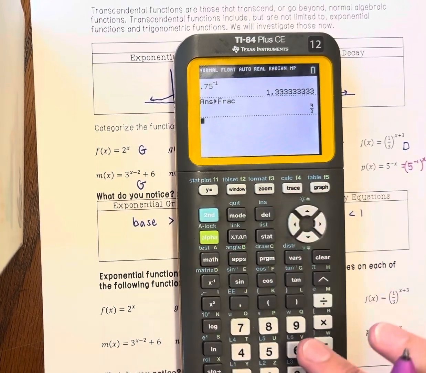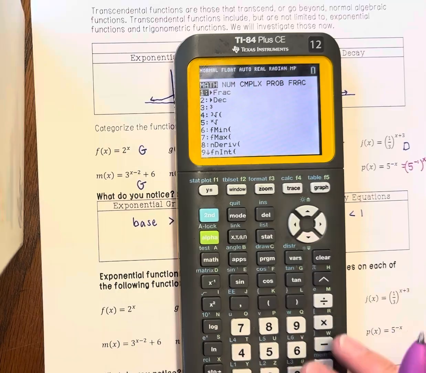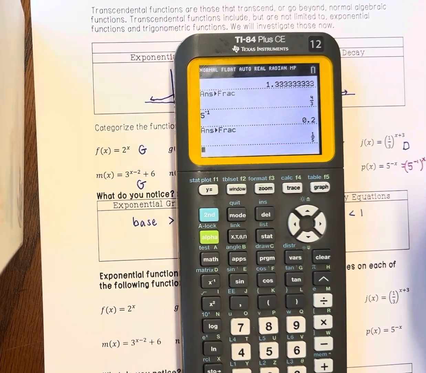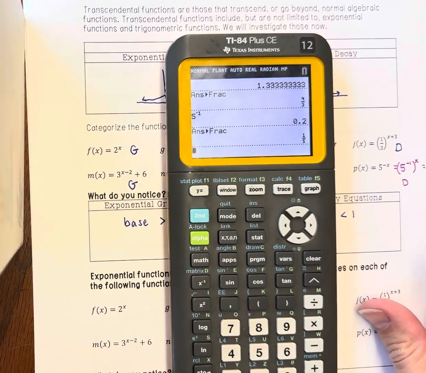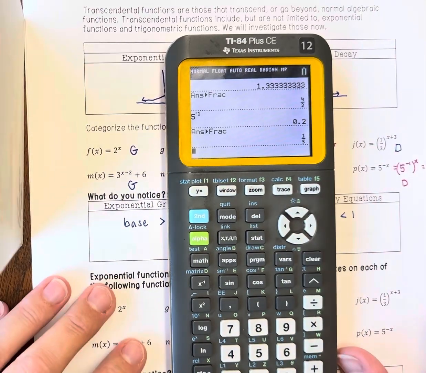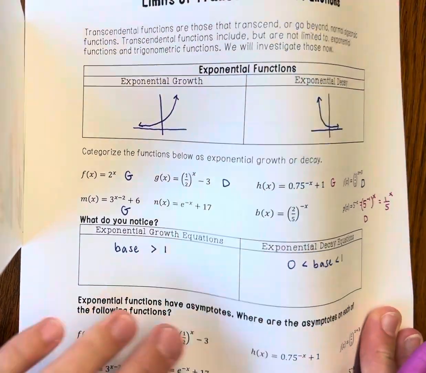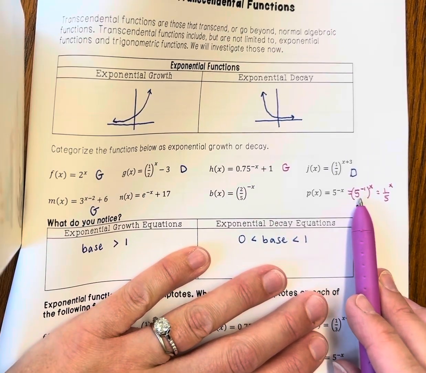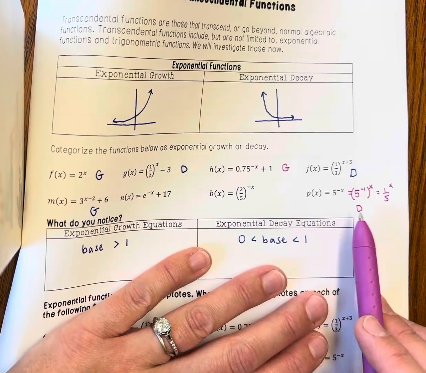So the 5 to the negative 1 is going to make this 0.2 or 1/5. So this is really 1/5 to the x, which is actually decay. So anytime you see a negative exponent, it's actually switching what's going on. The negative exponent made the 5 into 1/5, which made it decay.